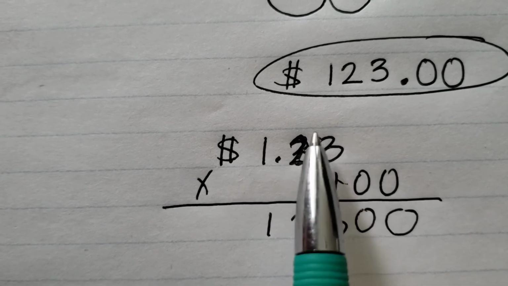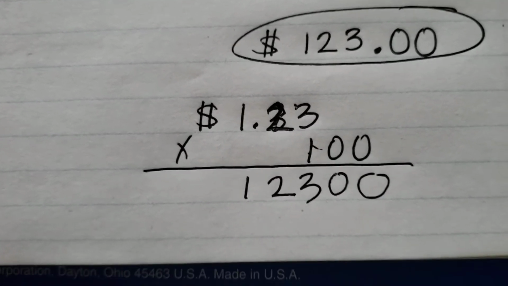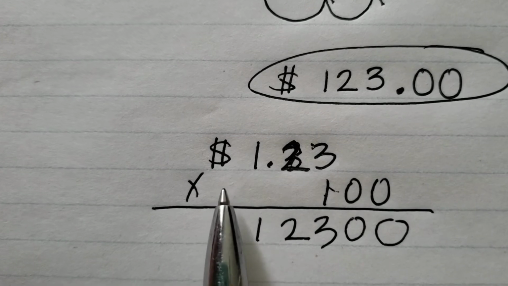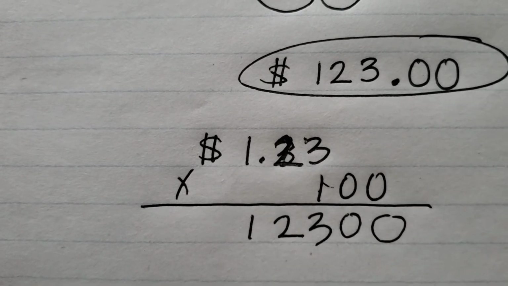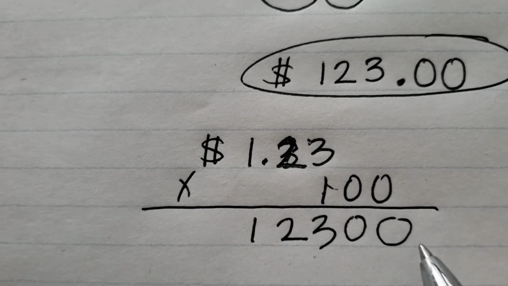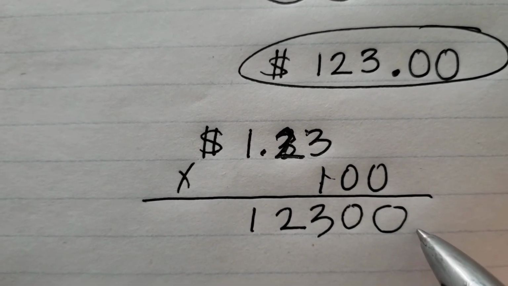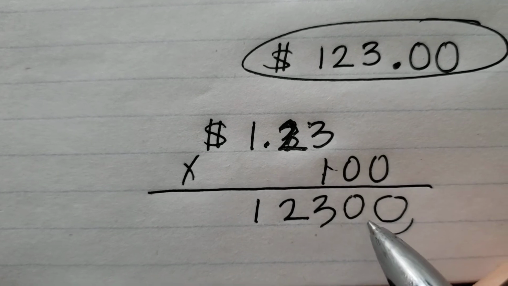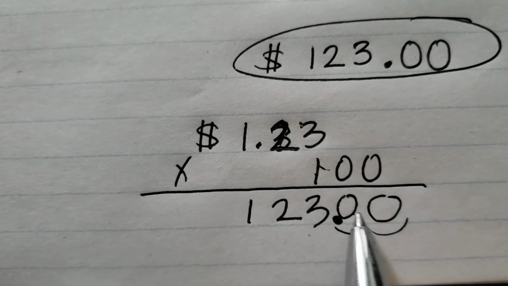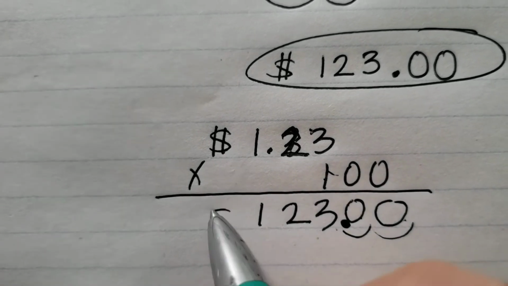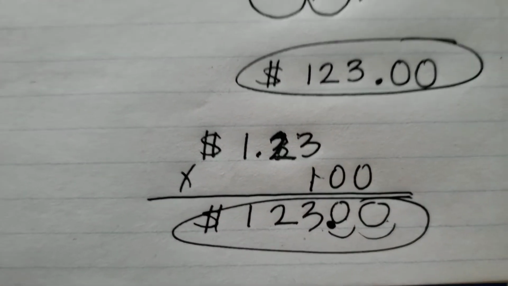Anything times 1 is the other number. And then since we're working with money, we know that the decimal place is only going to be 2 from the last digit. So I can think, okay, go back 1, 2 places. Since cents are always going to just have 2 place values there. And you'll get the same answer here.